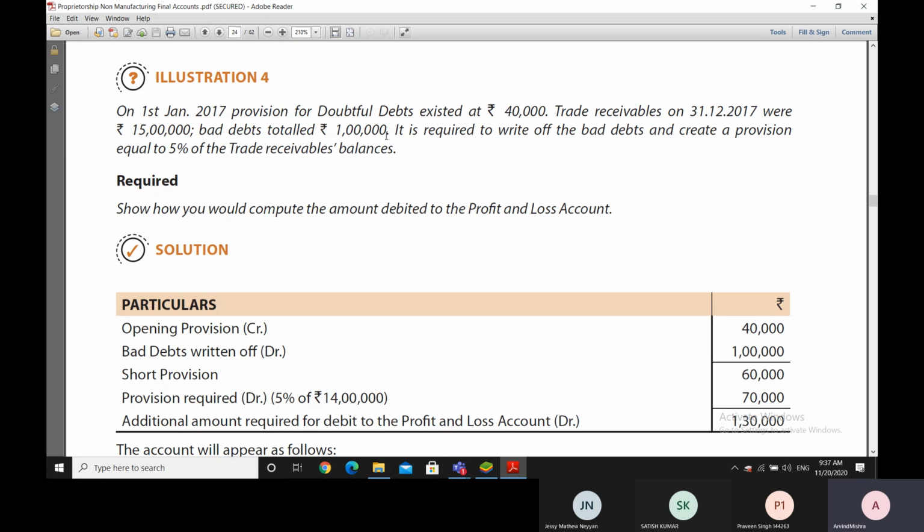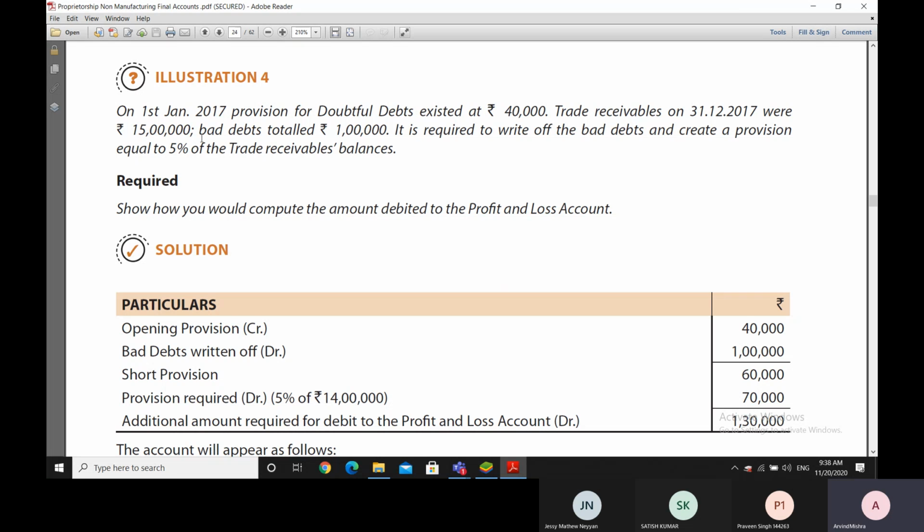Now we are also told that we can make a provision equal to 5% of the trade receivable balances, and our provision should never be more than that. We have to take that into consideration.